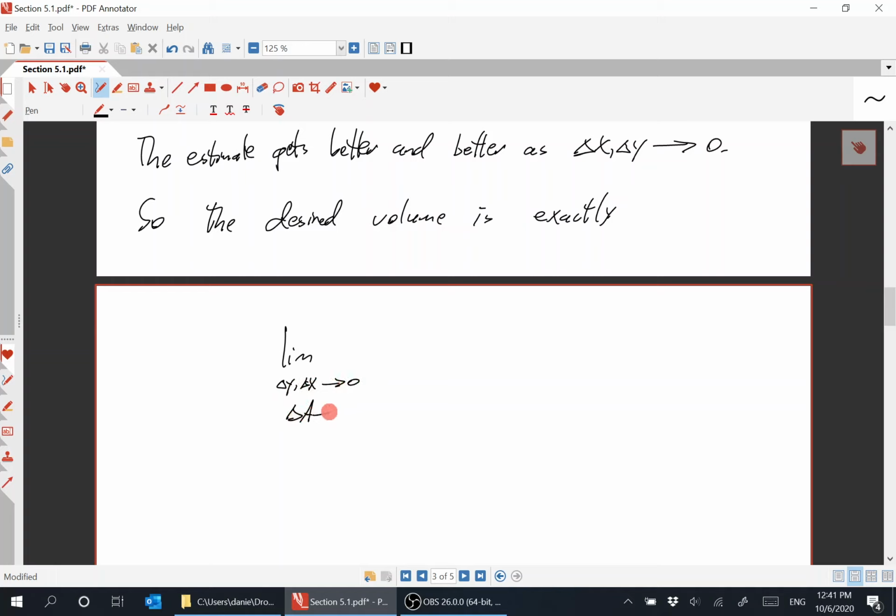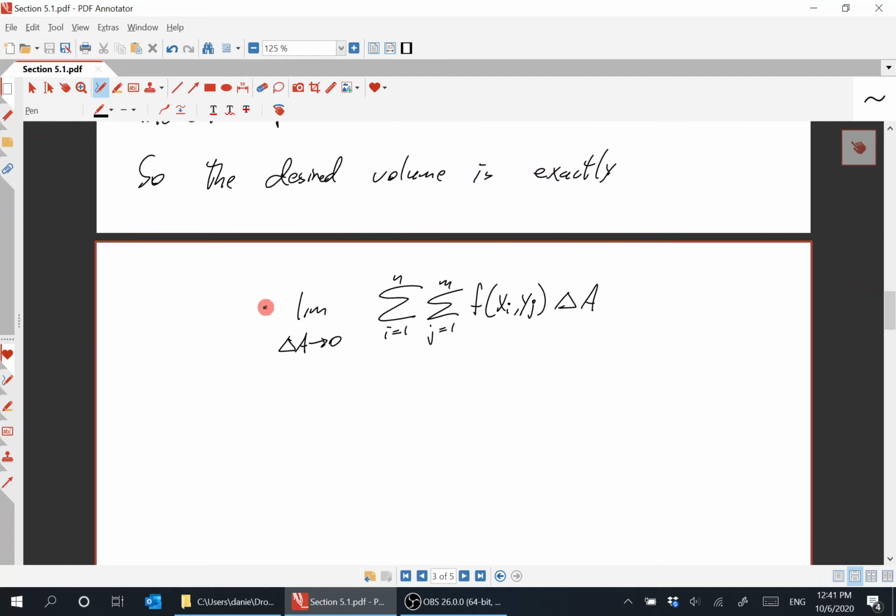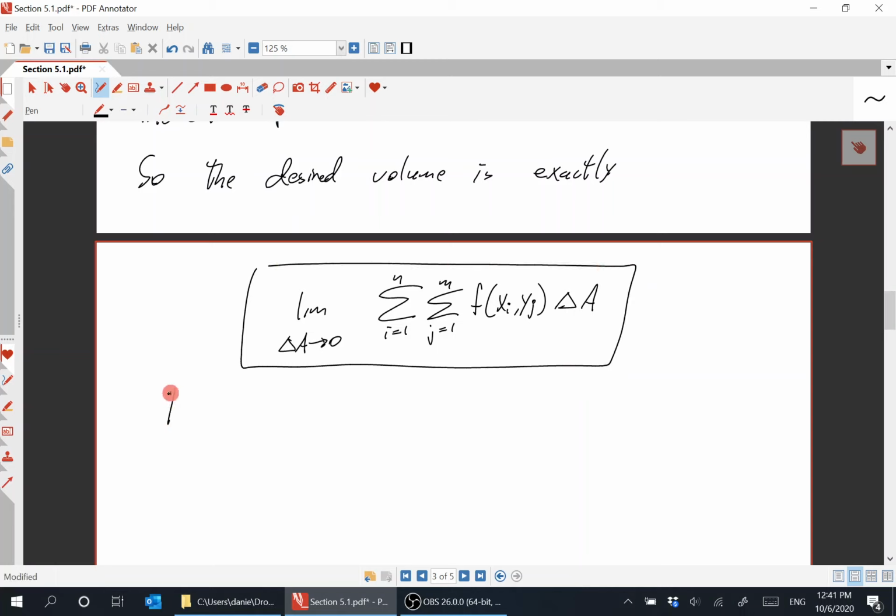In other words, as delta A goes to 0, of the sum i equals 1 to n, the sum j equals 1 to m, f(x_i, y_j) delta A. Okay, and this, we just call it the double integral.